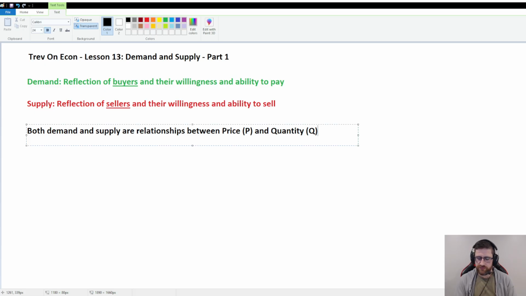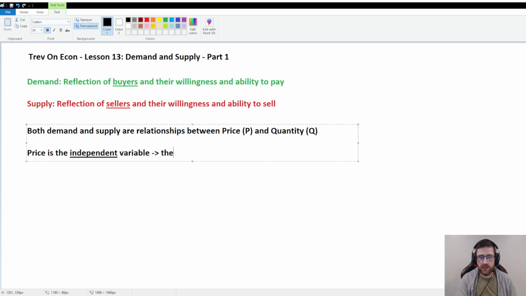Now, before we dive too much into this relationship, we have to understand that between price and quantity, price is the independent variable, which if you're not quite sure what that means, it just means the one that businesses have control of.